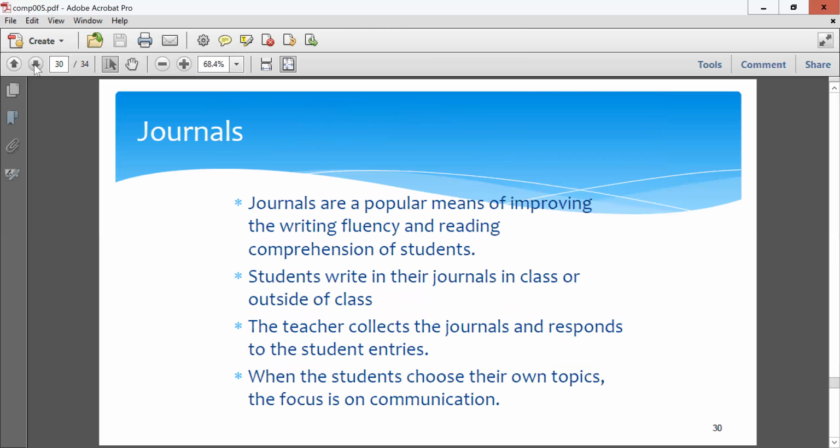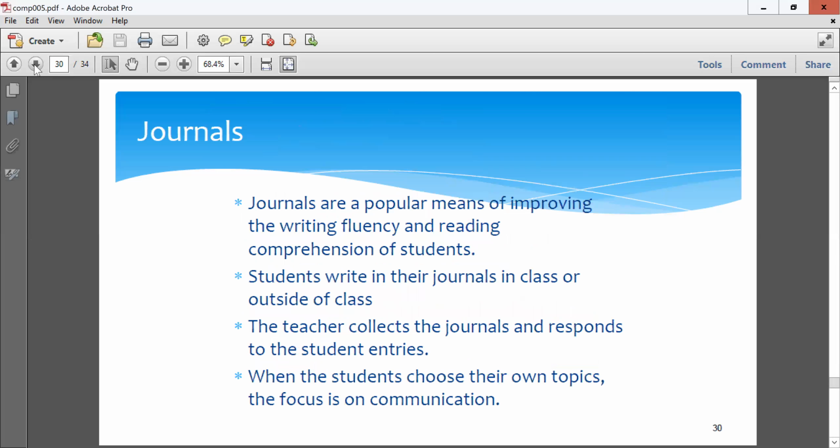Journals are very effective with these students. It can be academic or a more social kind of journal. Sometimes the teacher may collect the journal just for participation, or it may be the type of journal that is not graded or is only graded for participation.